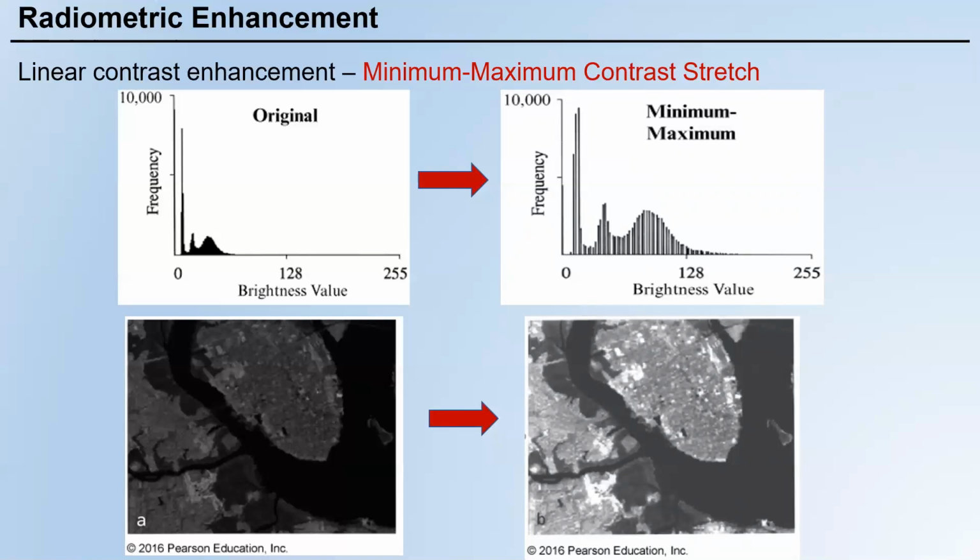It's a very fundamental one, but the idea here is very important. We rescale original pixel values, or we project original pixel values to another range, from a narrow range to a wider range.